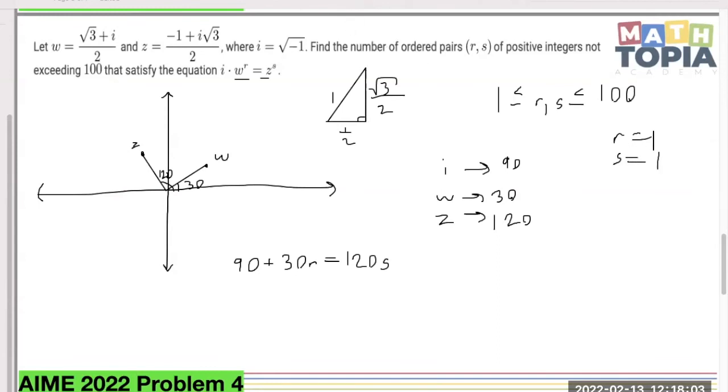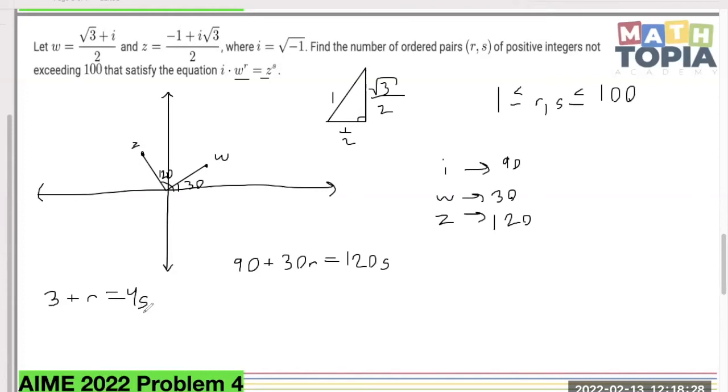So now all we have to do is solve this equation, which we can simplify even further by dividing by 30. So we can just solve the problem from here.